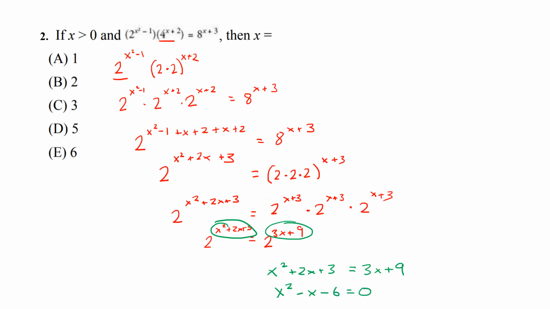We can split that up into x minus 3 and x plus 2. And we know that our solutions are x equals 3 and x equals negative 2. And because x has to be greater than 0, we know our answer has to be x equals 3.